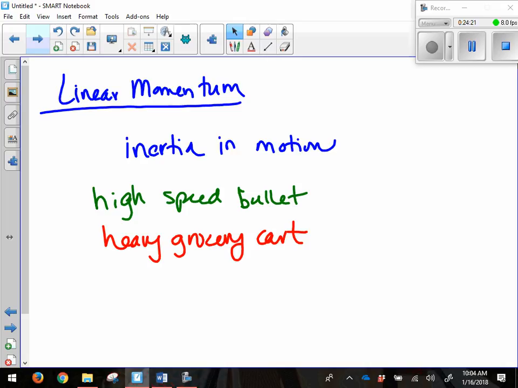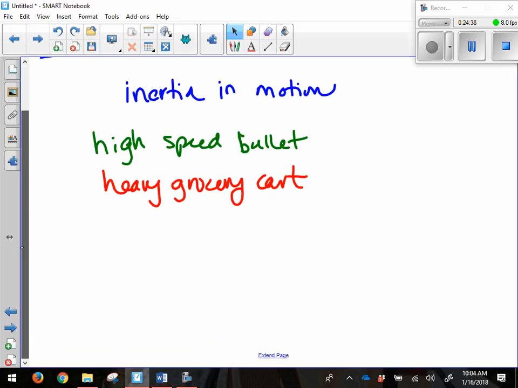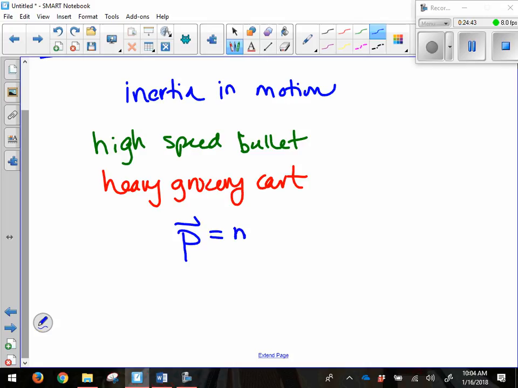Is it moving very fast? No. How fast can I make a cart move? Seriously. But it has a lot of mass. So in both of these situations, the object has a lot of momentum. That tells us that momentum, which is a vector, is equal to mass times velocity.